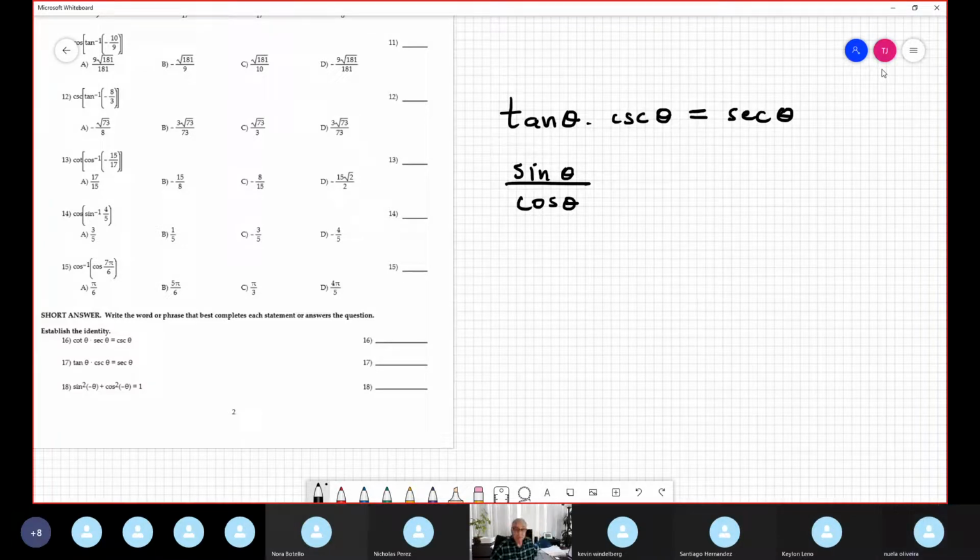Okay, super. Now, cosecant is the reciprocal of sine. I make the decision that the right hand side stays the same. Now you see that sine is cancelled out, and 1 over cosine stays alive.